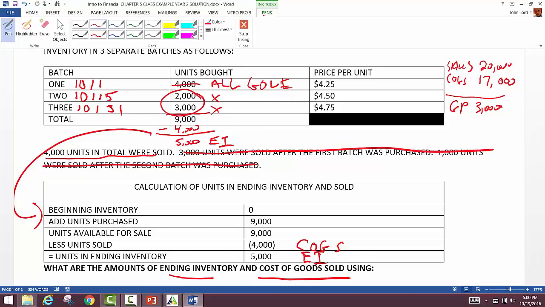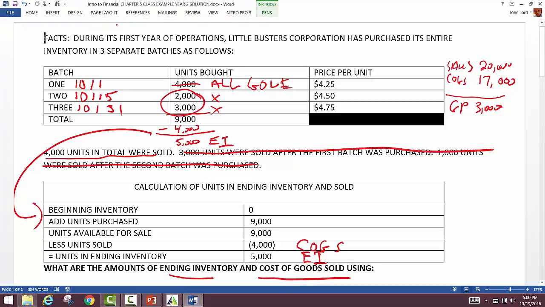But now, since it's last in, first out, when they sell those 3,000, what'll happen? When they sell 4,000, they're going to assume that they first sold all of these, aren't they? They sell all these first? So those will be all gone.